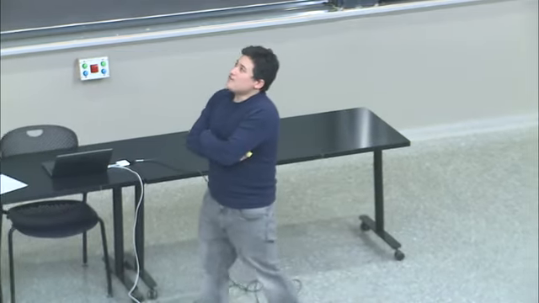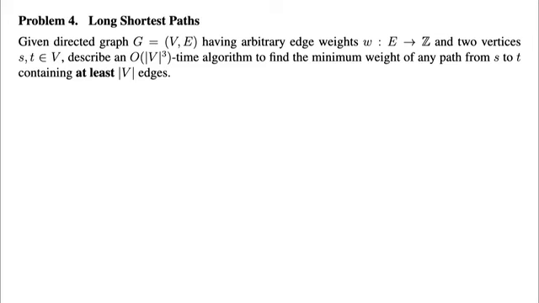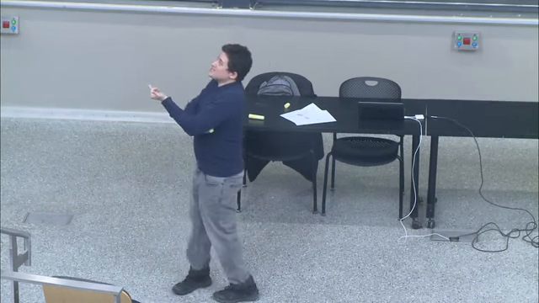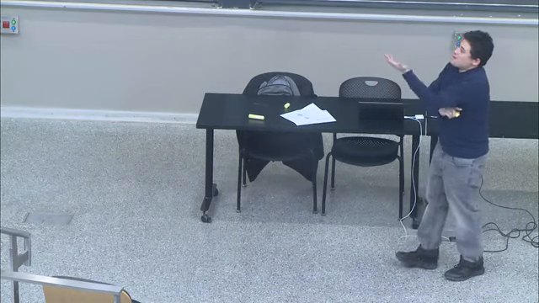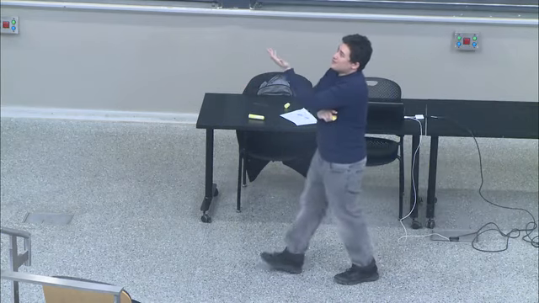Well, here's an observation I have for you. If I want a path that goes through at least v edges, some prefix of that path uses exactly v edges, right? That makes sense, right? So maybe it might make this problem easier if it's not at least v edges, but exactly v edges.